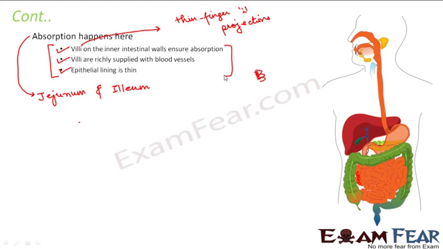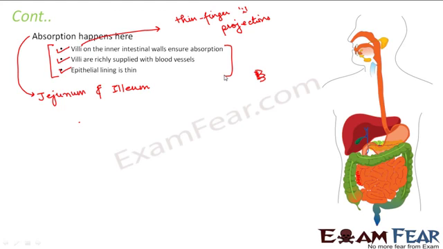Right? So what did we see? In small intestine, we have duodenum, jejunum and ileum. Duodenum helps in digestion, wherein digestion takes place with the help of pancreatic enzymes and intestinal enzymes in presence of bile juice, which makes the medium alkaline. Clear? Then the remaining two parts of small intestine, that is jejunum and ileum, mainly help in absorption of the digested food.